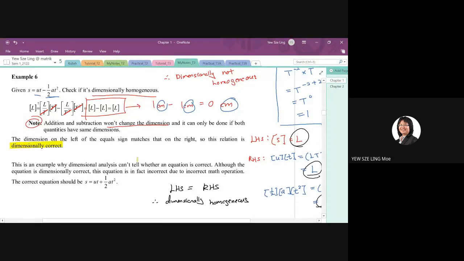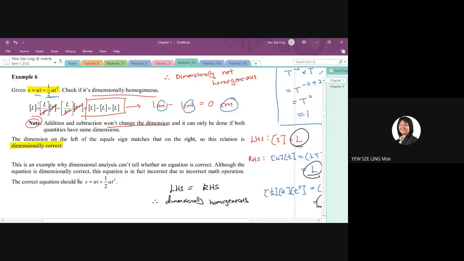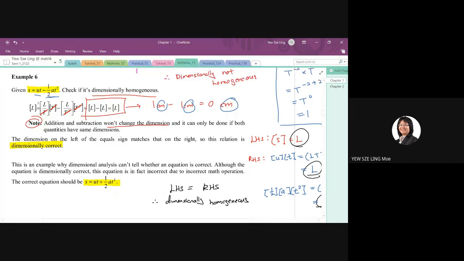However, this equation actually is incorrect. Why? The correct equation should be S equals UT plus half AT squared. The sign is wrong, but you can't tell based on the dimensional analysis. The dimensional analysis won't tell you whether the plus or the minus sign is correct or not.